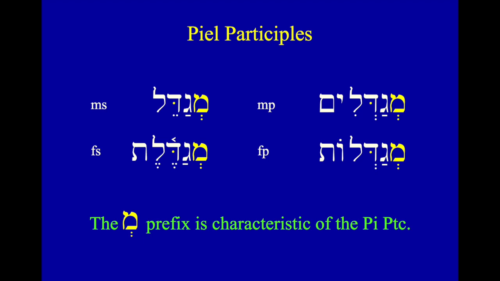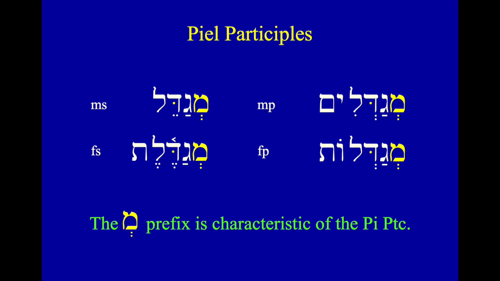If you want to see gadal as a participle, then you would add a mem to the front of it with a schwa underneath it, and then you would have that doubling of the middle radical. So notice that we have a doubling of the middle radical.